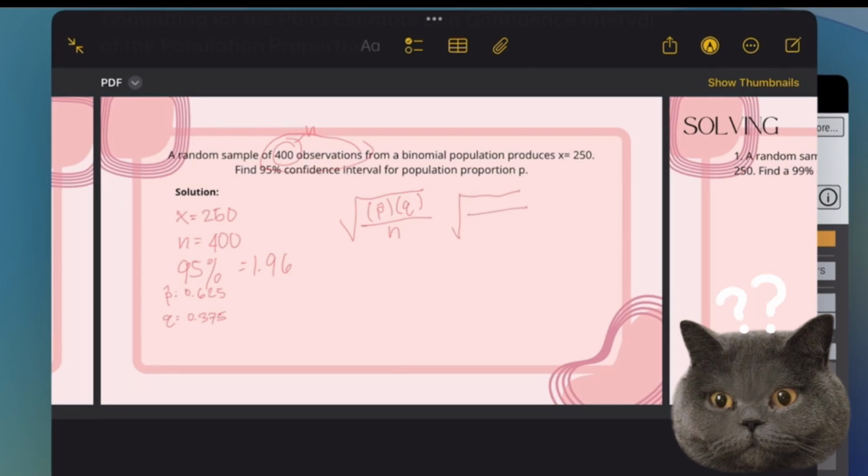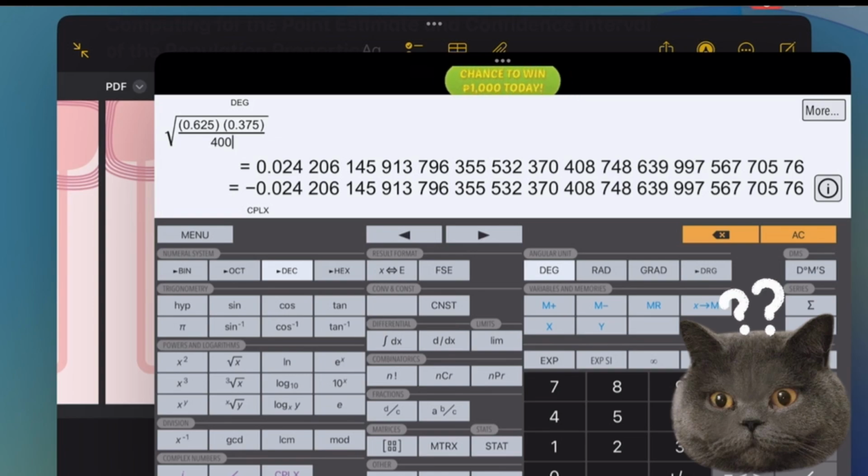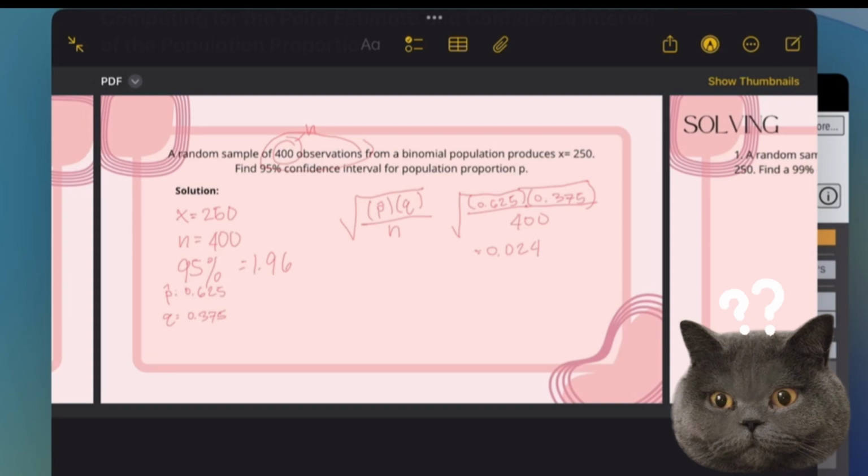So, lagay natin yung p hat at si q hat. 0.625 times 0.375 over, what is our n? 400. So, our answer is 0.024.